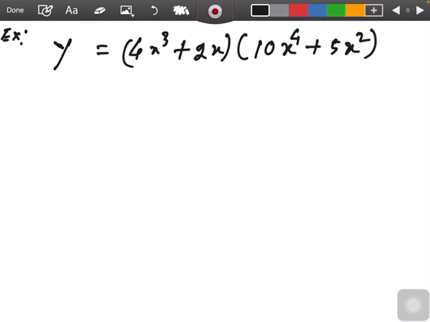Then how can you find it? तो प्रोडक्ट रूल अप्लाई करेंगे. लेट इसको हम लोग u लेते हैं and second जो expression है इसको भी v ले लेंगे.